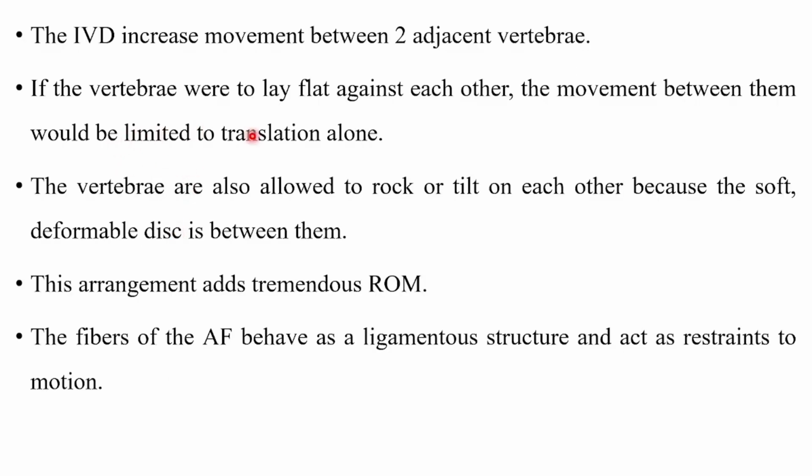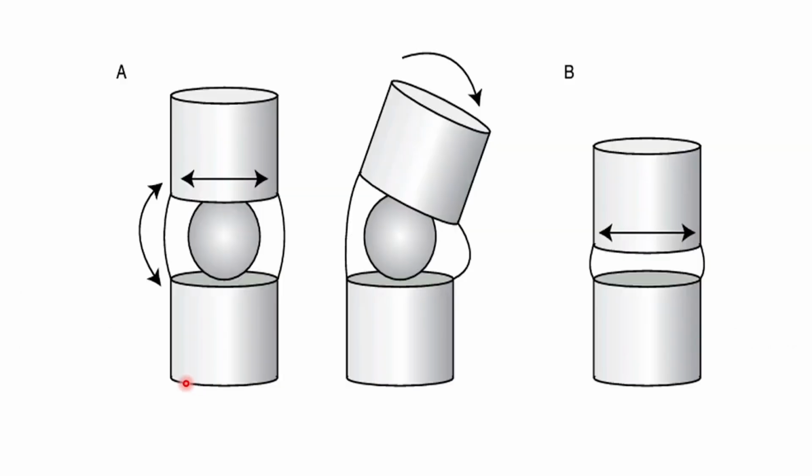If the vertebrae were to lay flat against each other, the movement between them would be limited to translation alone. The vertebrae are also allowed to rock or tilt on each other because the soft deformable disc is present in between them. These arrangements add tremendous range of motion. The fibers of the annulus fibrosus behave as a ligamentous structure and act as a restriction to the motions.